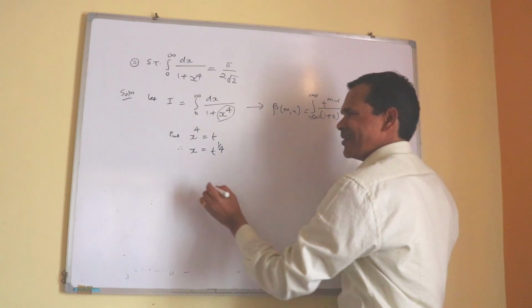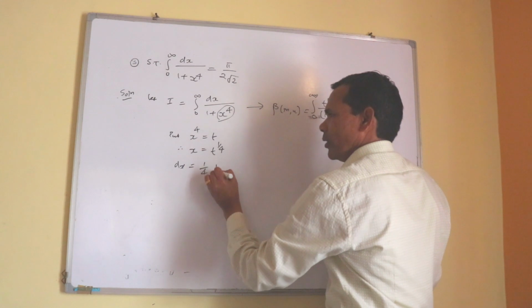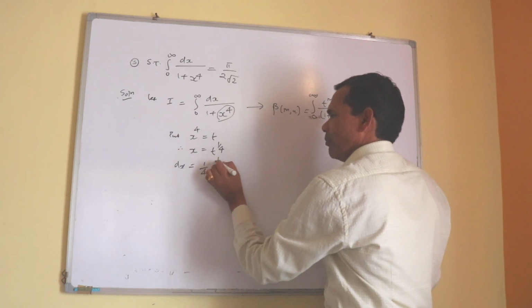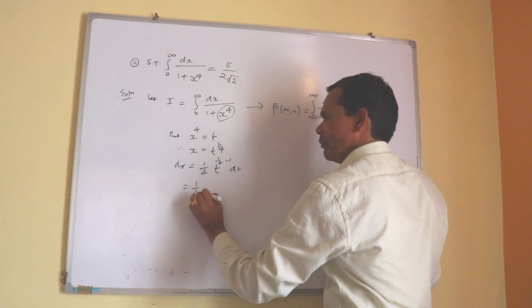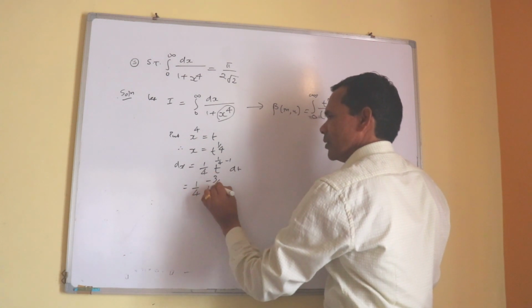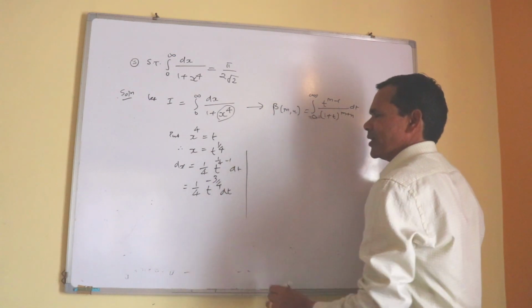I take the differentials, dx is equal to, I take the derivatives, 1 by 4 t raised to 1 by 4 minus 1 into dt. So it would be something 1 by 4 t raised to minus 3 by 4 into dt, and limits would be same again.